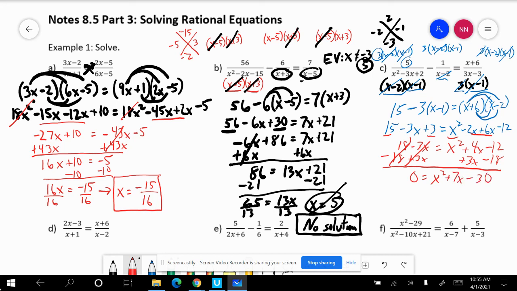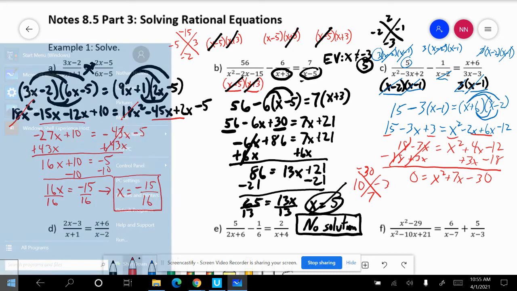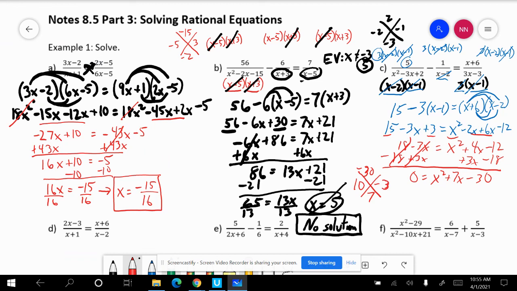And I'm looking for two numbers that multiply together, give me -30, add up to 7. That would be 10 and -3. So I have x plus 10 and x minus 3. So my two numbers are -10 and 3.